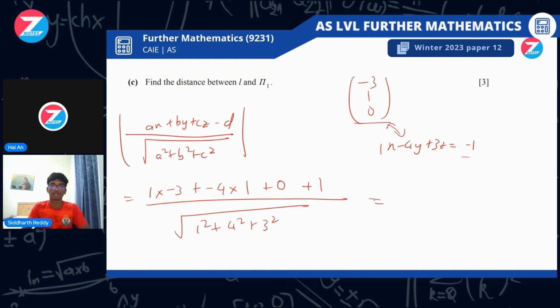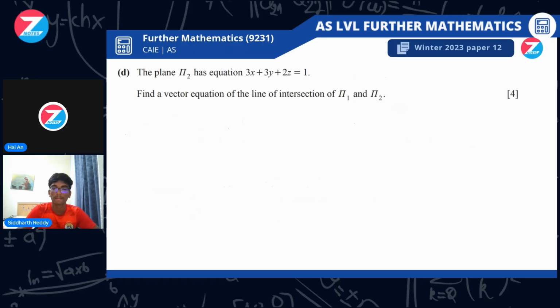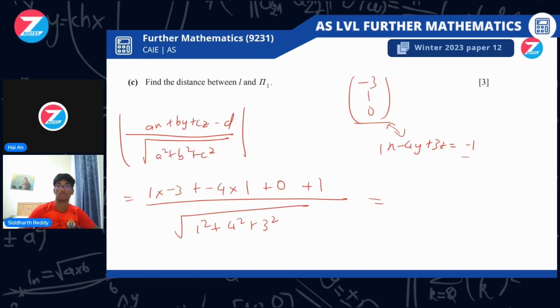So let's calculate this figure. Just give me a second, some calculation mistake. One second, what did I do here? Oh, it's minus 3, 0, 1, not minus 3, 1, 0. Okay, a lot of silly mistakes today.